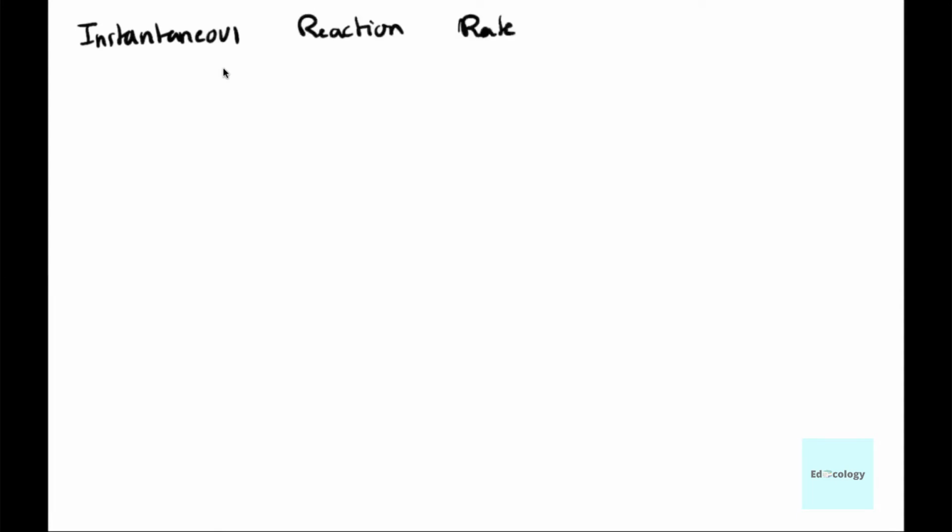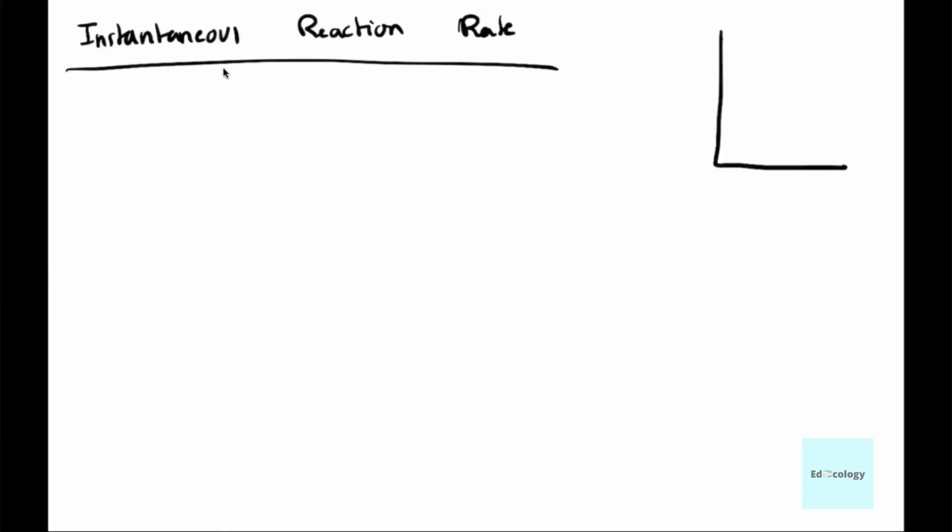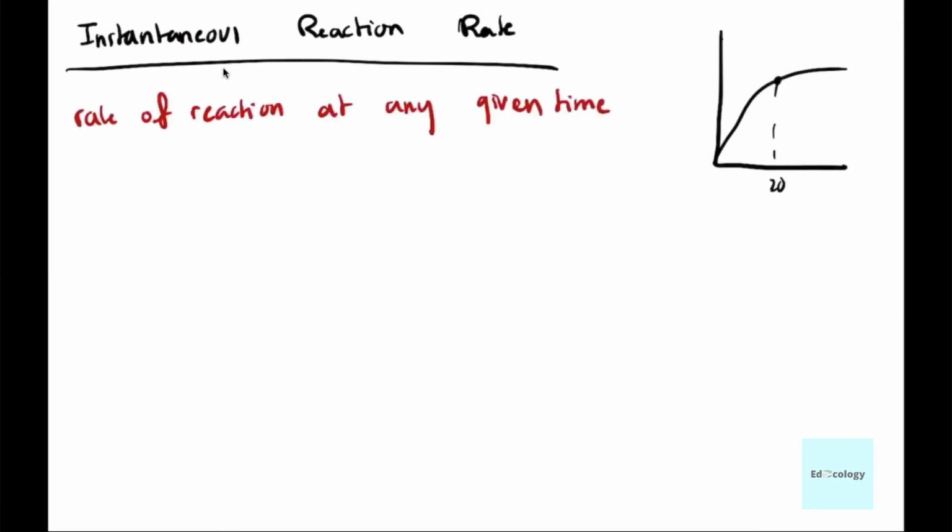It is basically the rate of reaction at a specific time, at any given time in the graph. So if they tell you find the rate of reaction at 20 seconds, let's say here it is 20 seconds, you have to find the rate of reaction at this point. This is instantaneous reaction rate.